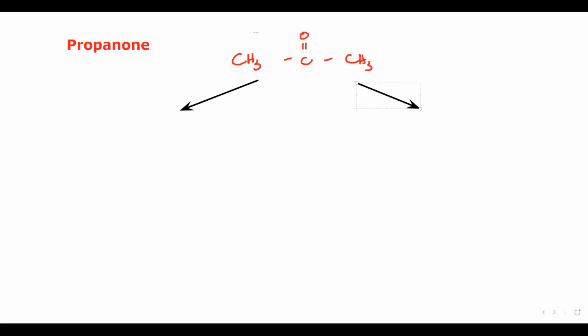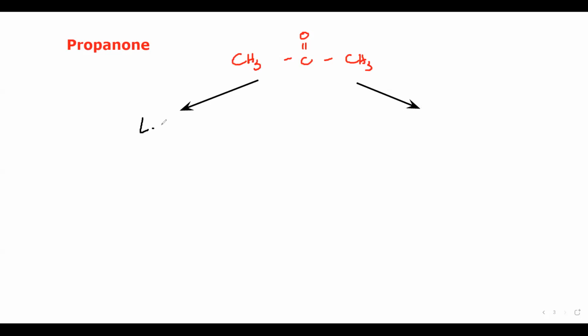And if we have propanone, so CH3, C double bonded with O and CH3. So break from left to right and then from right to left.